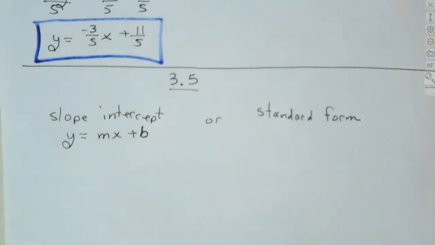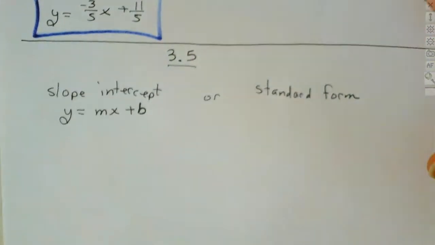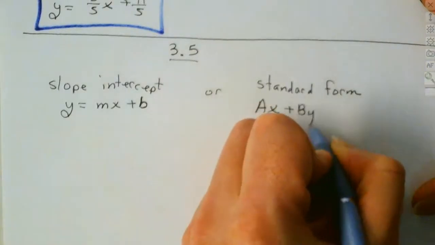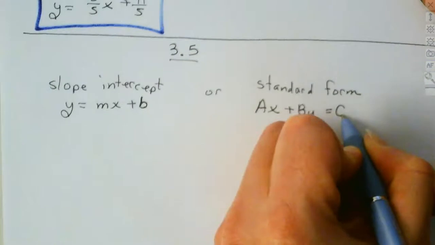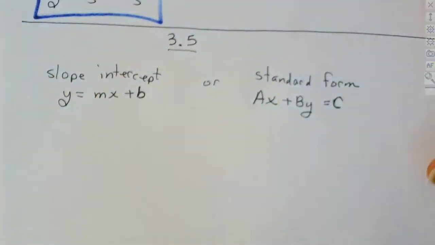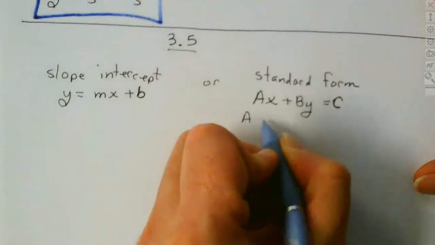And standard form is used when you don't have to graph something. When you want to work with systems of equations, you work in standard form. And standard form is ax plus by equals C.